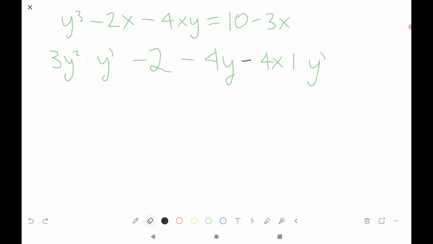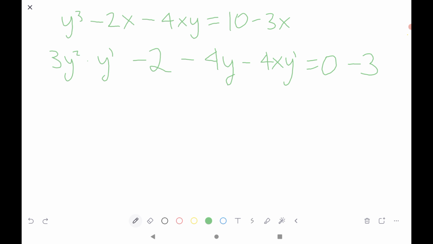So we're going to be left with minus 4x times y dash. Cool. So now we can move on to the two terms on the right-hand side. The derivative of 10 is 0, and the derivative of negative 3x is negative 3.